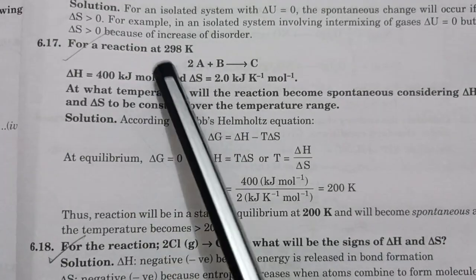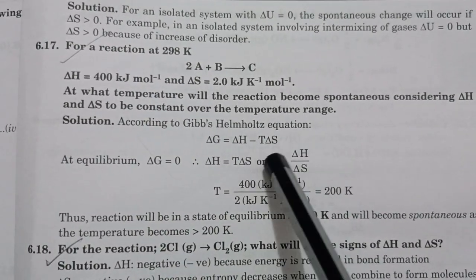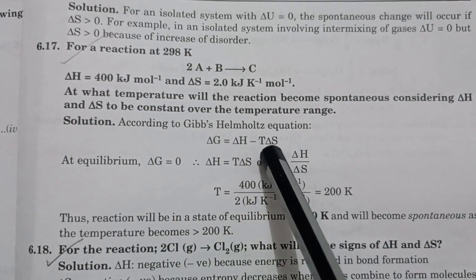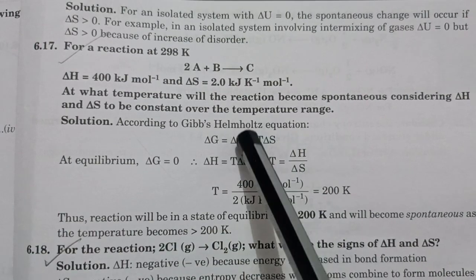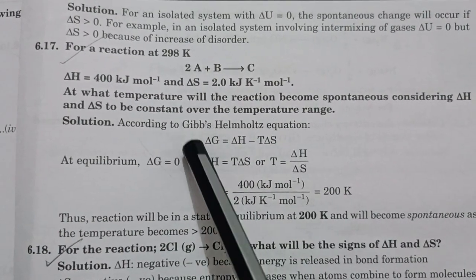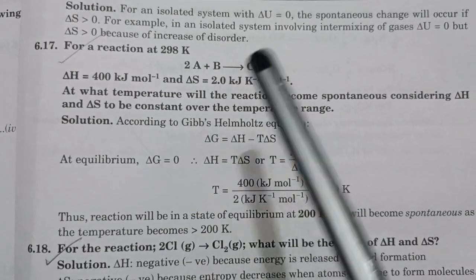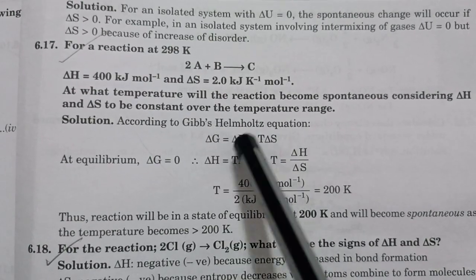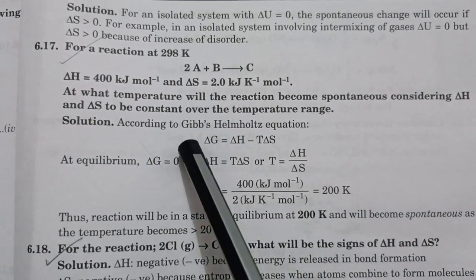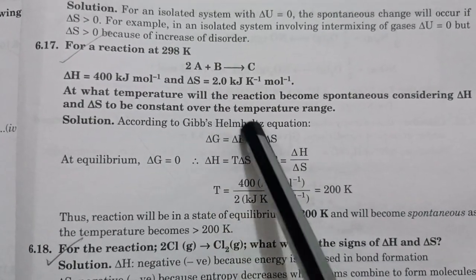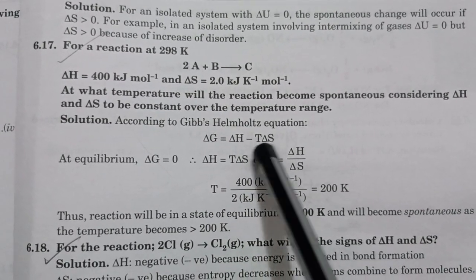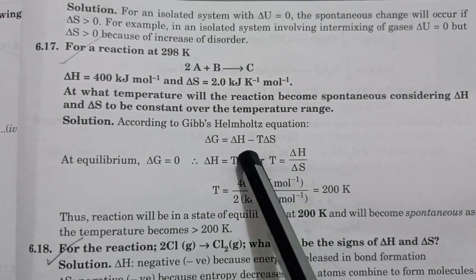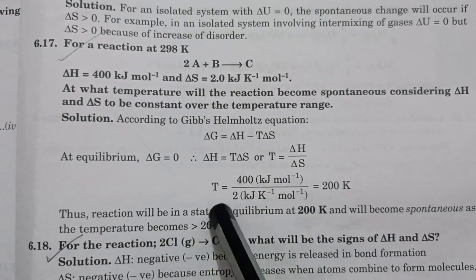So as we increase the temperature, the second term becomes negative. As the temperature increases, the T delta S term becomes more negative because the enthalpy term is positive. So the second term T delta S should be more negative when the temperature increases.